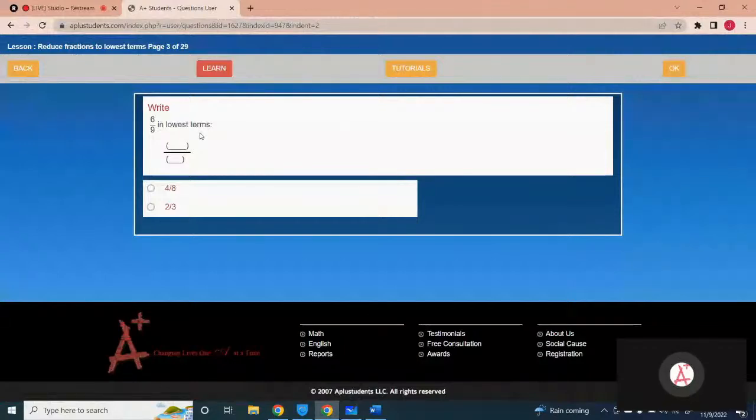Okay, 6 by 9 in lowest form. So which option is the correct one?